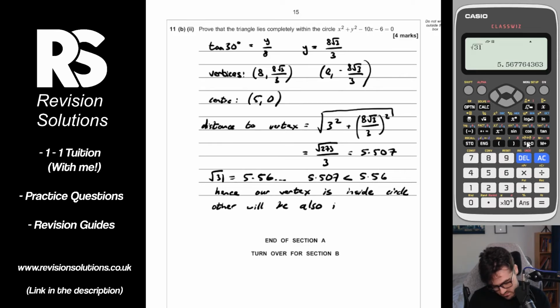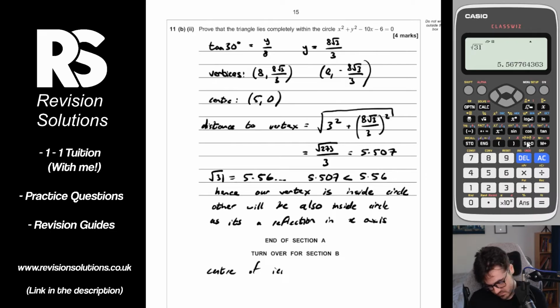It will be also inside the circle as it's a reflection in the x-axis, and the center of the circle is on the x-axis.